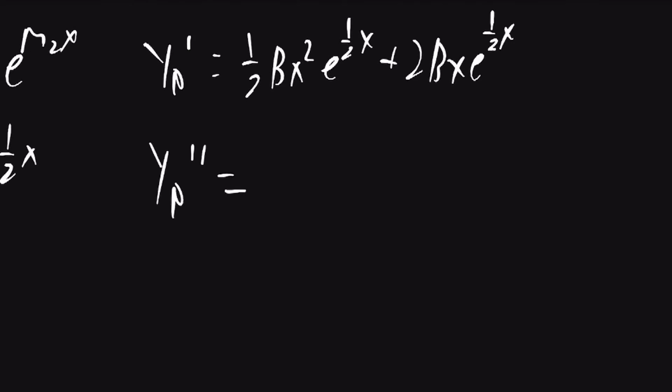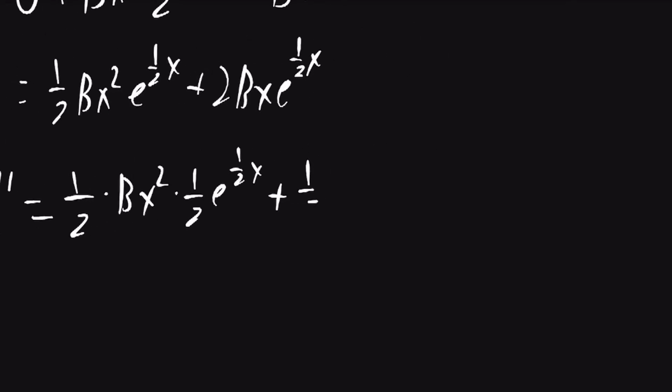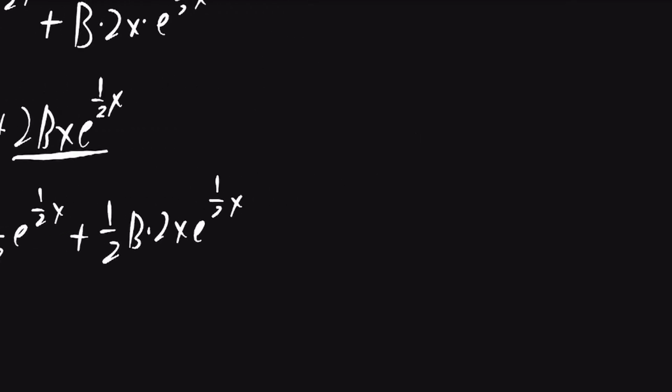yp'' will be equal to, for this first term, I'll use the product rule again, same as I did before. We'll get 1/2 times b times x^2 times 1/2 e^(1/2 x) plus 1/2 b times 2x e^(1/2 x). For the second term, I'll also use the product rule.